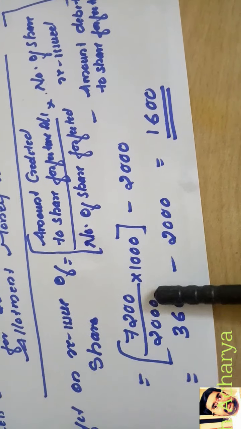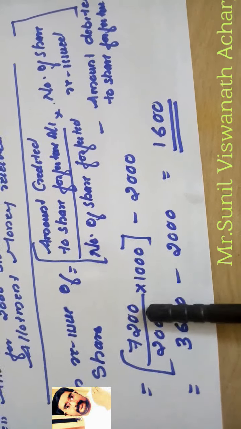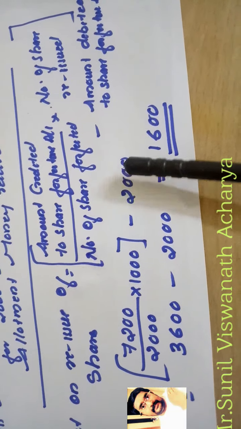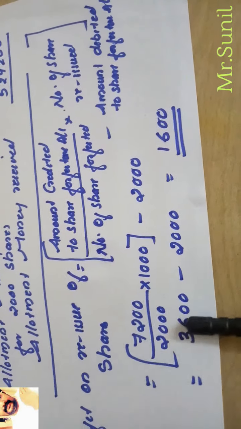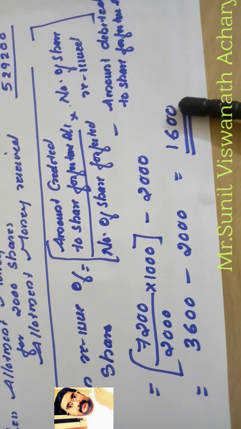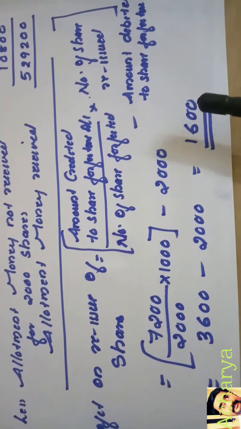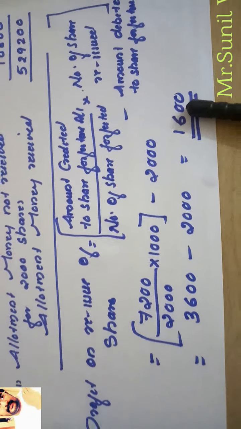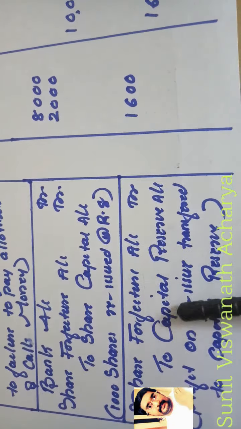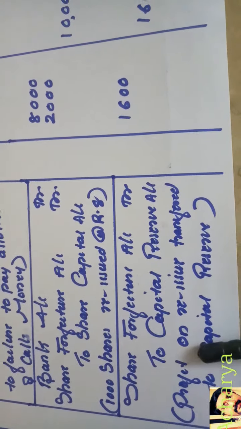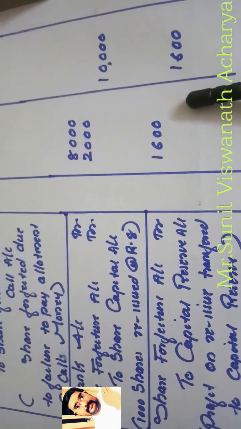Its meaning is, for 2000 shares we received 7200, then for 1000 shares how much money did we receive? Minus 2000 rupees, which is the reissue time discount. Balance 3600 minus 2000, that is 1600, is the profit. This profit is the capital profit or capital gain. This will be transferred to capital reserve. So the journal entry is share forfeiture account debited to capital reserve. Narration: gain or profit on reissue transferred to capital reserve.